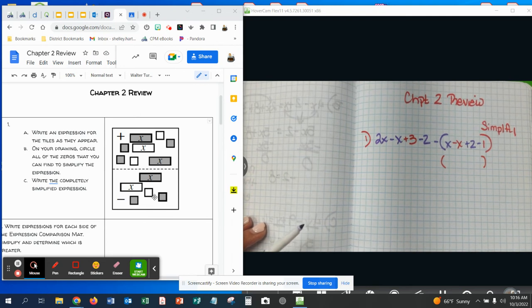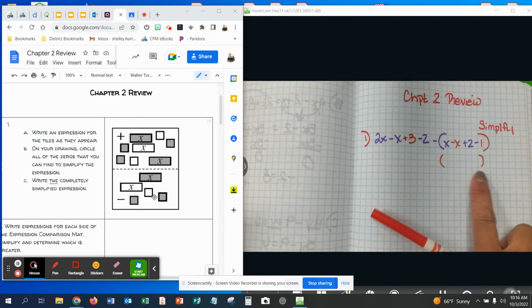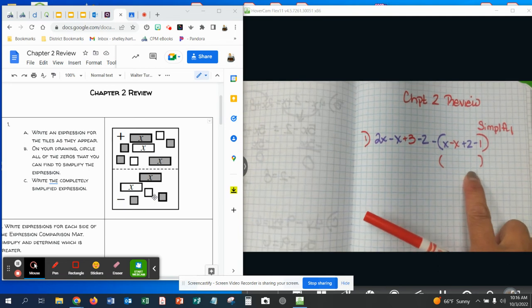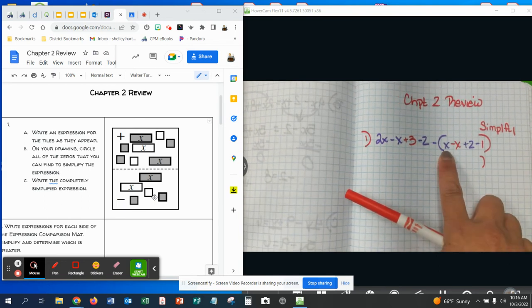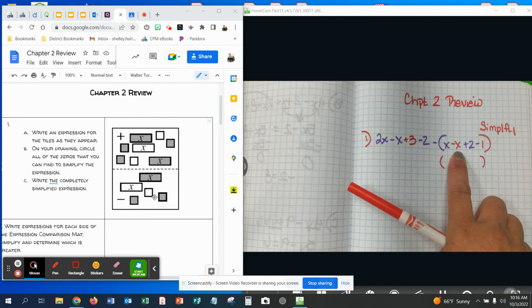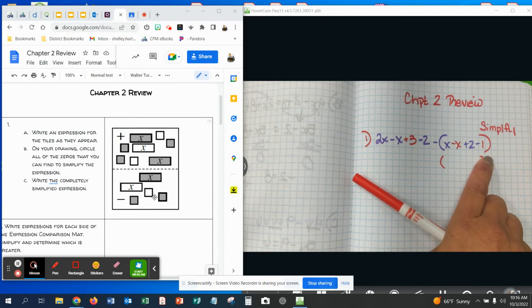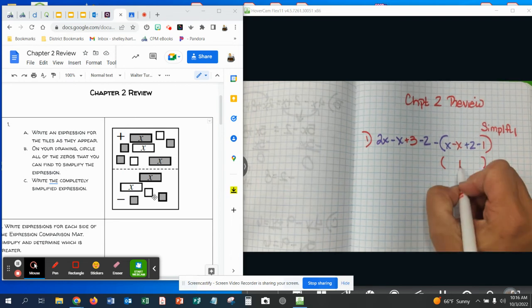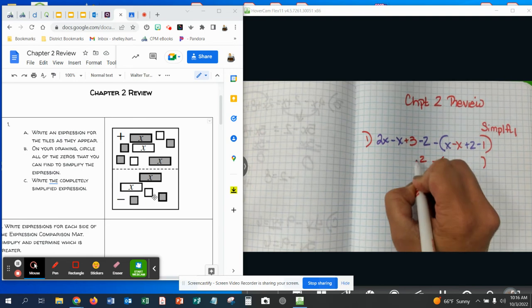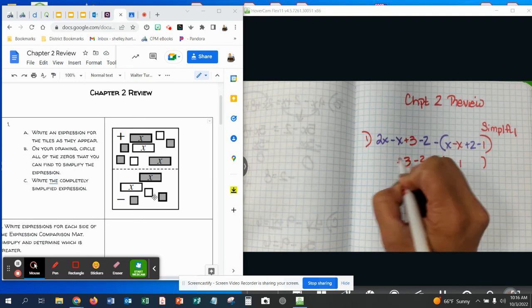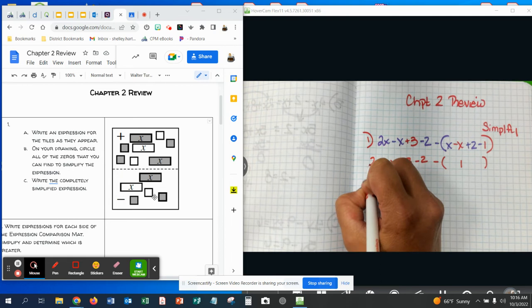Mr. Austin, what are we going to get inside this parenthesis? X minus X equals what? 0. And then 2 minus 1 is? Perfect. So we have 1, negative 2 minus 3 plus X minus 2X.